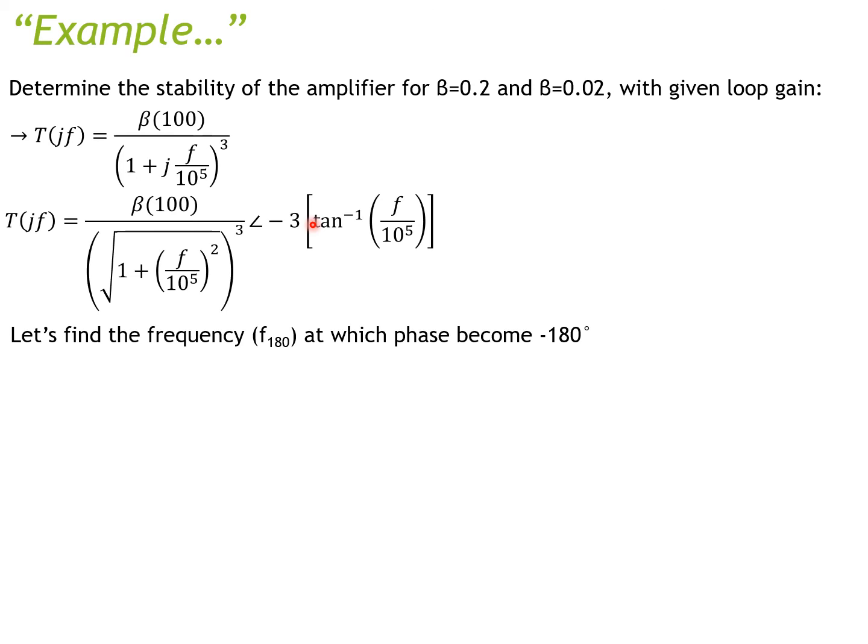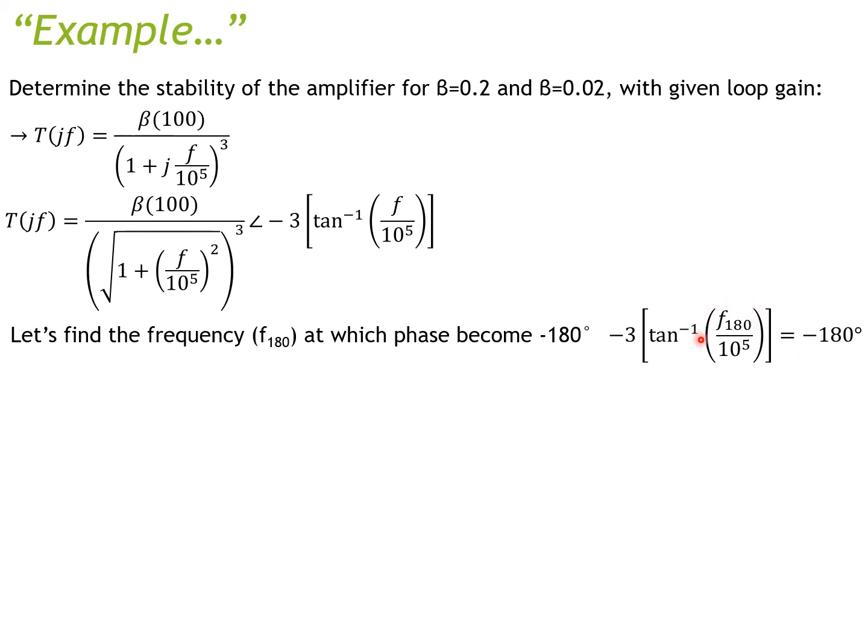So we need to find a frequency, and I will call that f subscript 180. This frequency is the frequency at which the phase becomes negative 180 degrees. So if I grab this phase term, then I make it equal to negative 180 degrees.